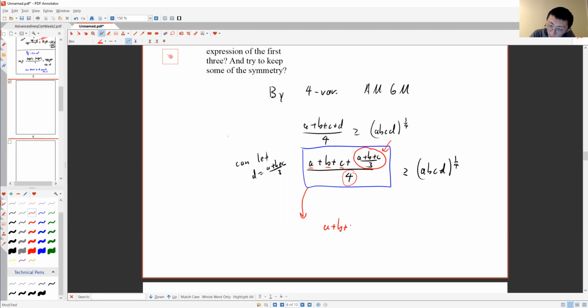So this is just A plus B plus C over 3. I mean, you can work it out algebraically. It's like 3A plus 3B plus 3C over 3 plus A plus B plus C over 3. And then it's like 4 times A plus B plus C over 12, which is just that. Okay.